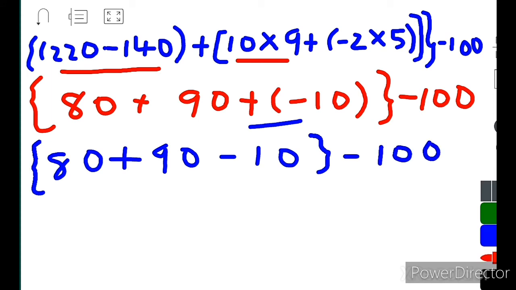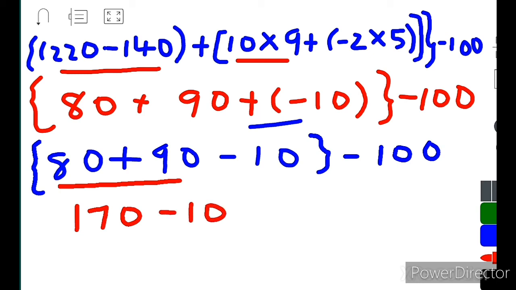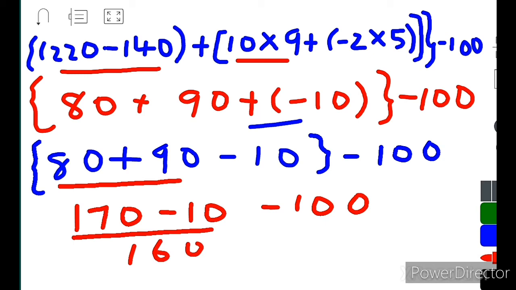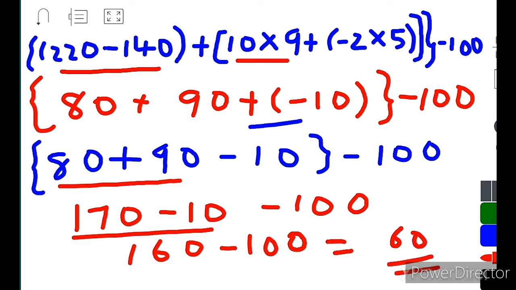Now as per BODMAS rule, the addition terms come first. So 80 plus 90 is 170, minus 10, minus 100. So 170 minus 10 will give you the answer as 160, and 160 minus 100 will give you the answer as 60. It's a complicated sum but easy to understand, and if you keep on practicing you will find it easy.